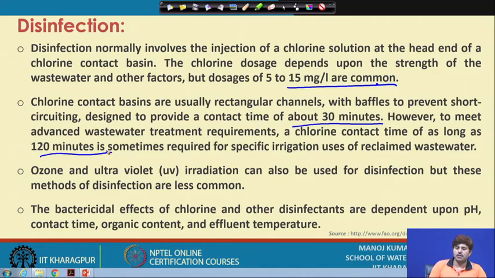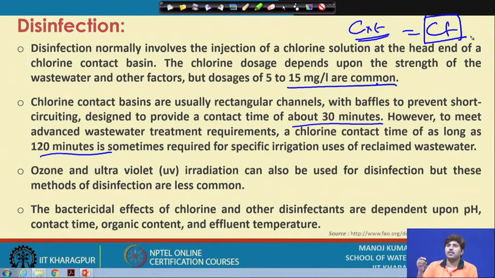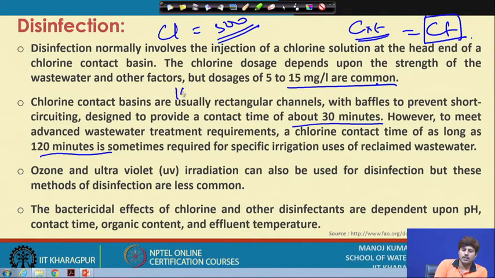So there is a concentration multiplied by time, which is called CT. CT is used for seeing the degree of disinfection. Let us say a bacteria has a CT requirement of 500, so that means we can put 100 milligram per liter concentration for 5 minutes.